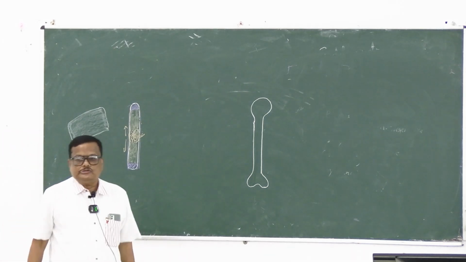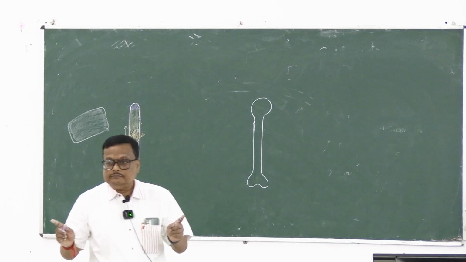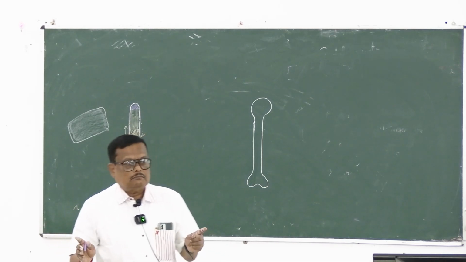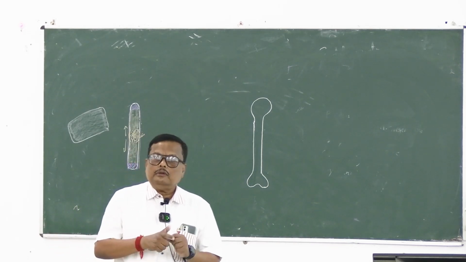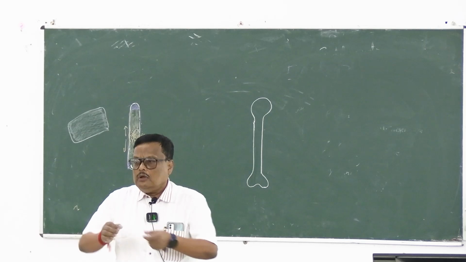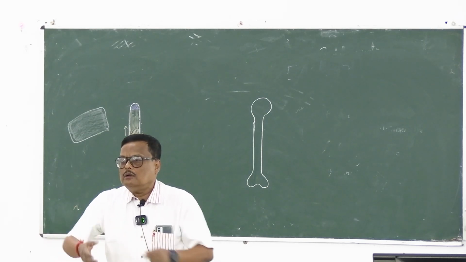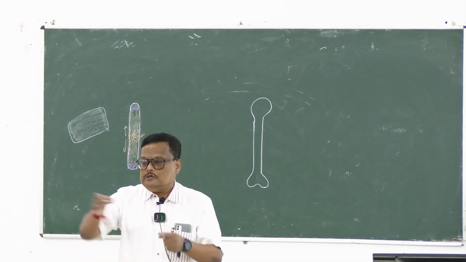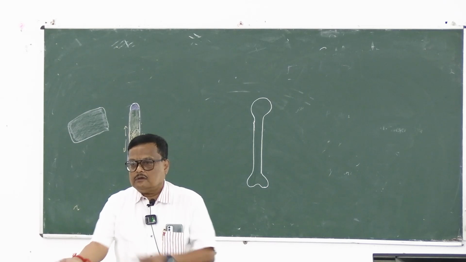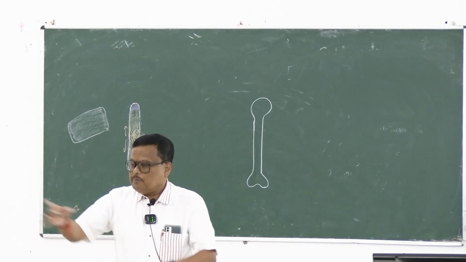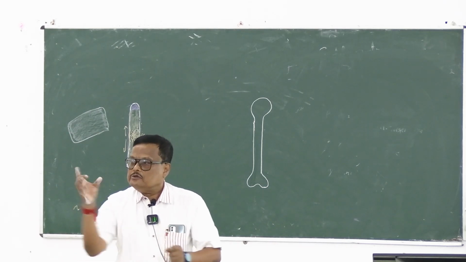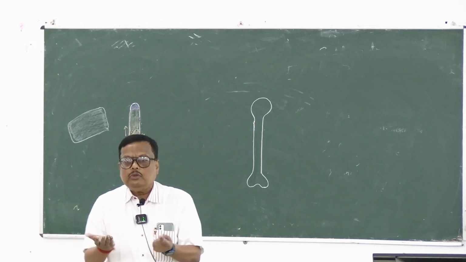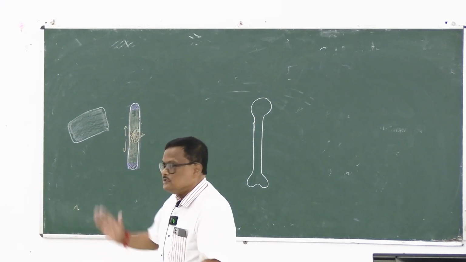Gradually bone increases in length. You can ask me, then how is the baby's bone so small, but our bone is not only increased in length, it is also bigger in girth, in breadth. How do they become bigger? In this fashion? No.